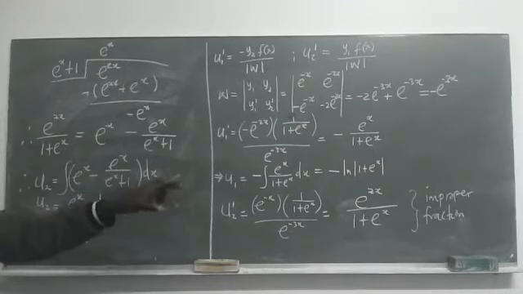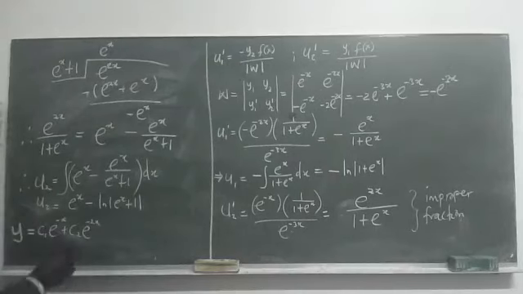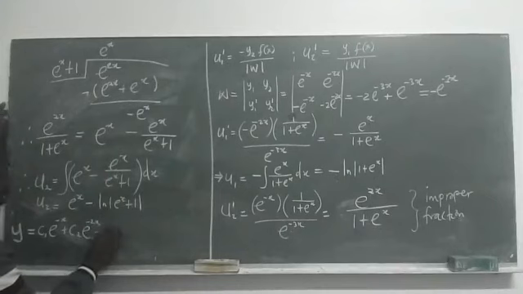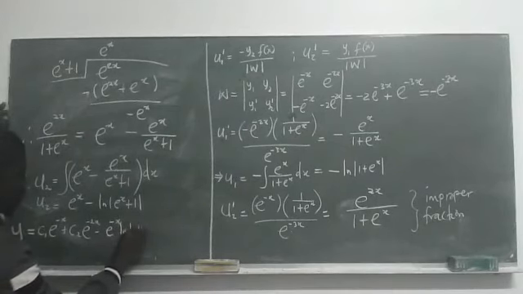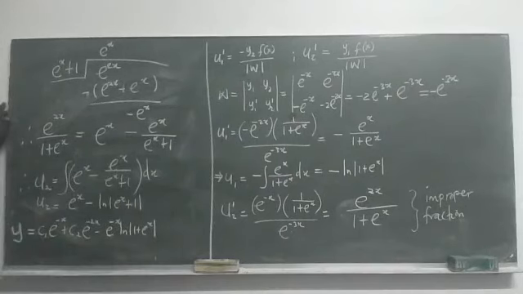So u1 is that times y1. y1 was e to the power minus x. So it becomes e to the power minus x ln 1 plus e to the power of x. So that's u1, y1.